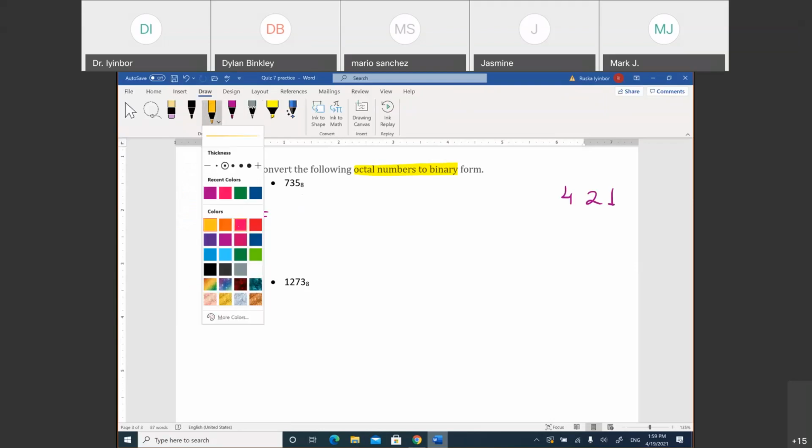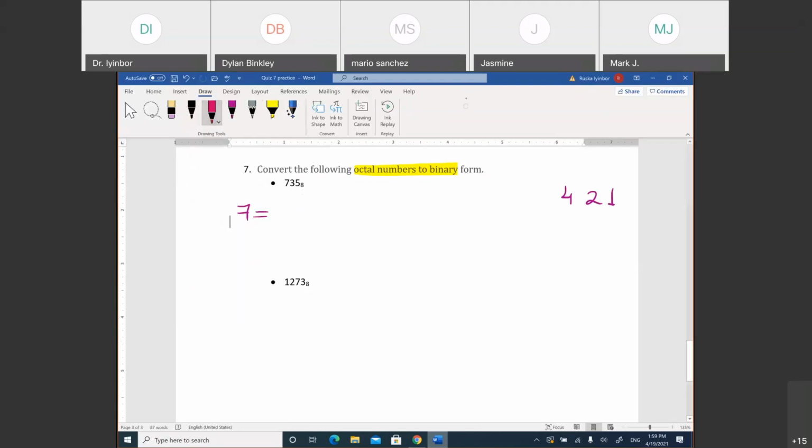Because you break it down: 4 plus 2 plus 1 is 7. So that means you have 1, 1, 1 in binary. This is octal 7. Then the 3, and then a 5. I'm just going to write it one by one so you can see how each digit changes.